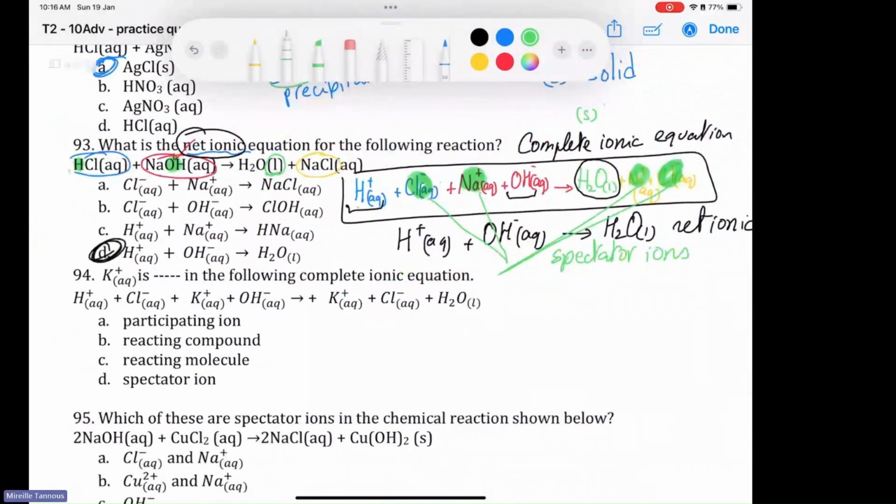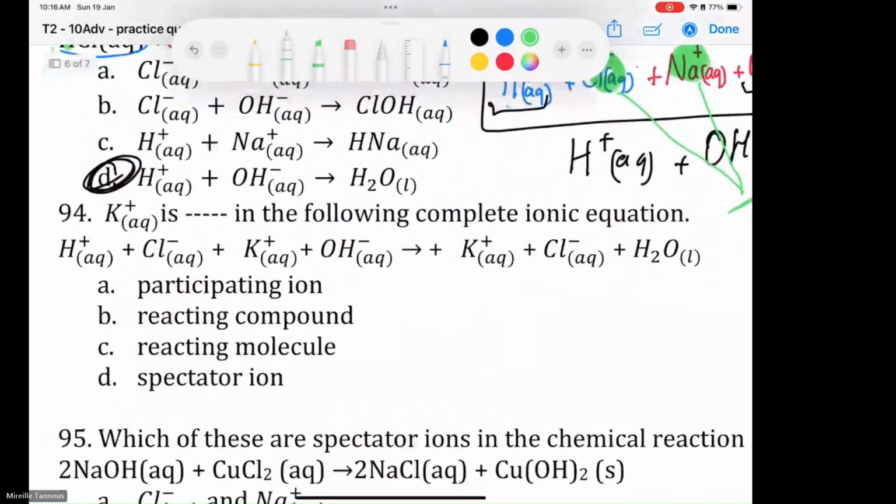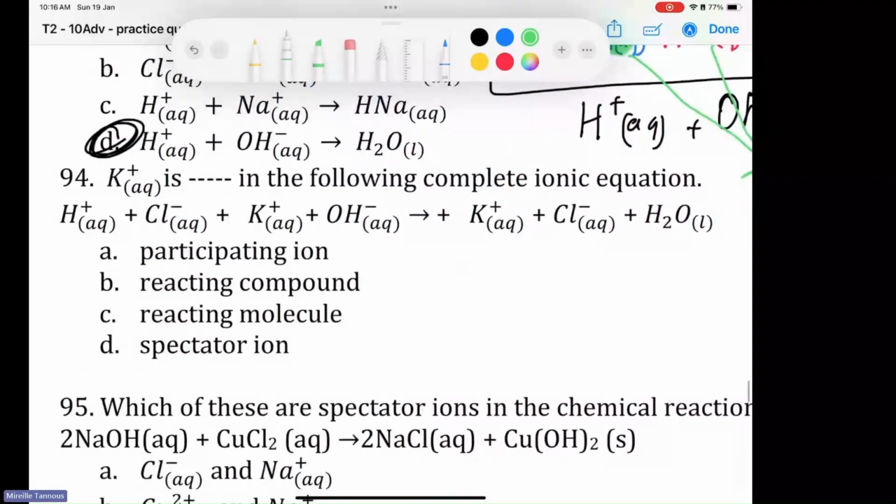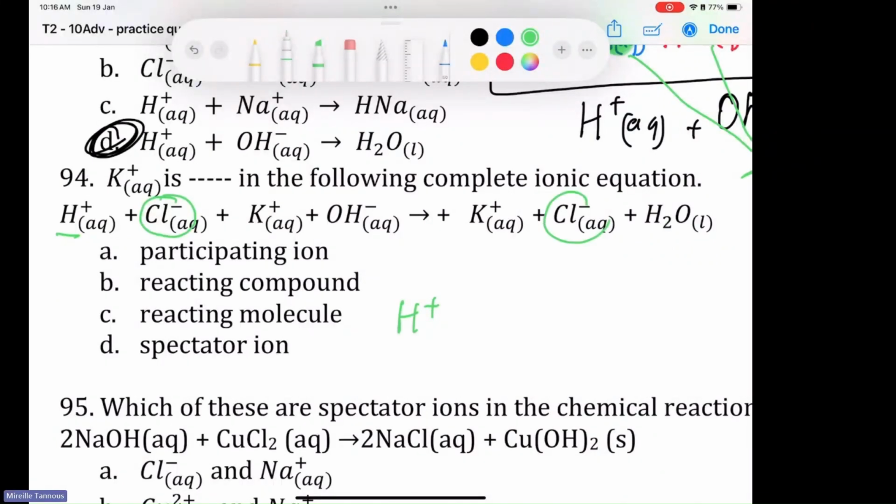Okay? Now, another example. Let's look at it. K plus, sorry, H plus, no more H plus. So definitely this is going to play a role in the net ionic, H plus. Cl minus, still there. So Cl minus is a spectator ion.